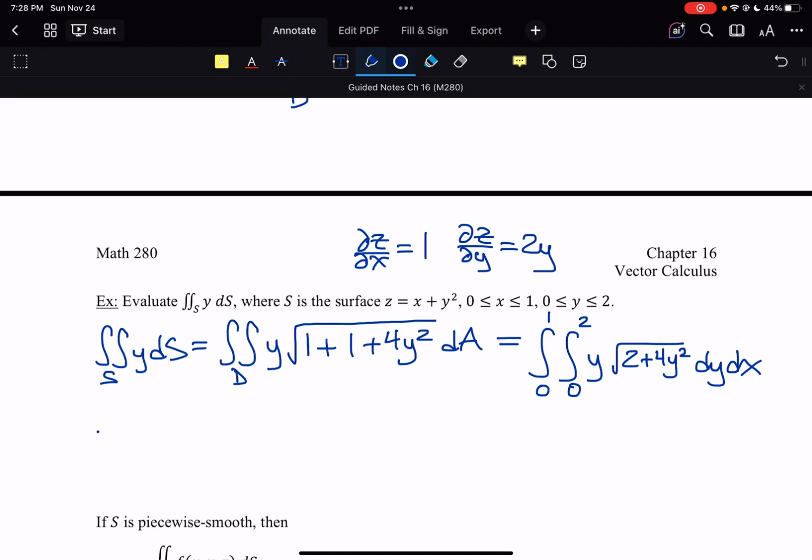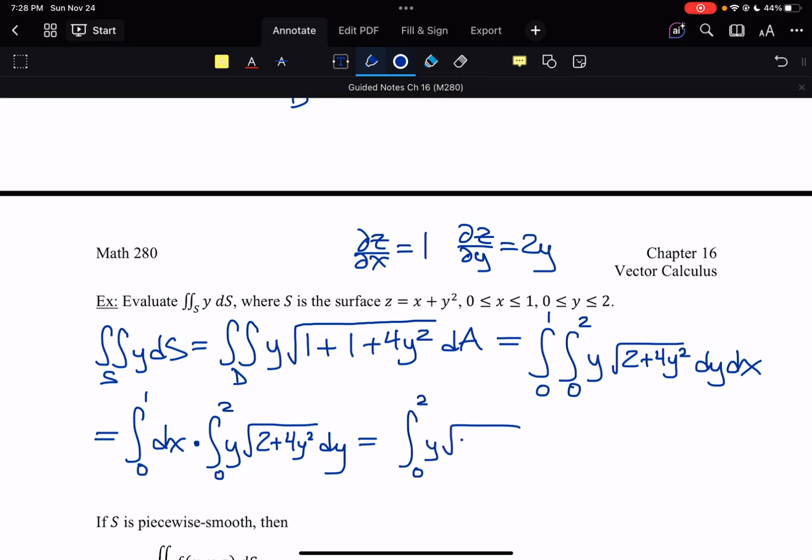You could just pull x out. We get the integral 0 to 1 of dx times the integral 0 to 2 of y times the square root of 1 plus 4y squared. This one just becomes 1. So we get to here, which will require the use of u substitution. But if you go through that process, we end up getting 13 root 2 over 3.